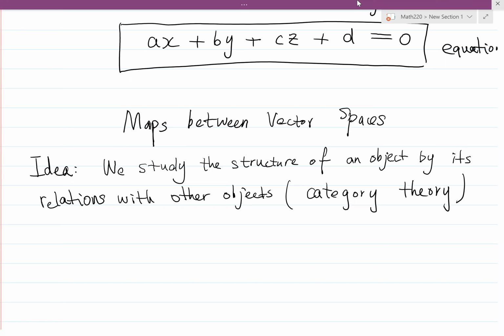Set theory focuses on objects. Then people realized that relations are more important than objects. People's understanding in mathematics gradually changed, so the foundation of mathematics also changed from set theory to category theory.